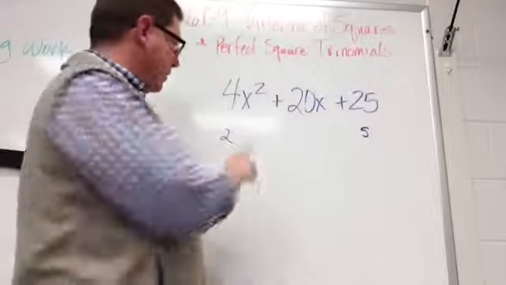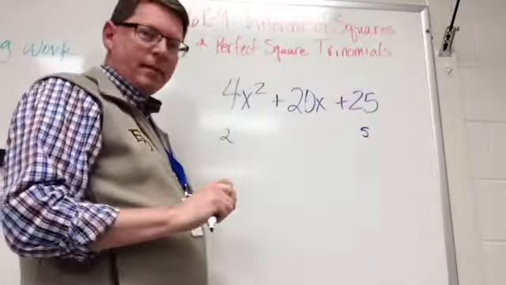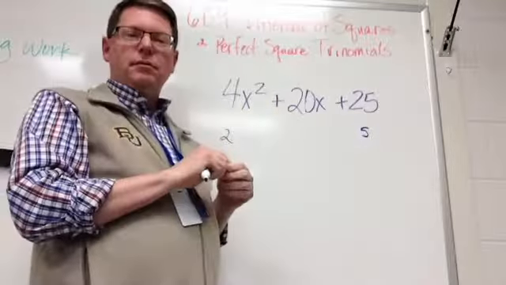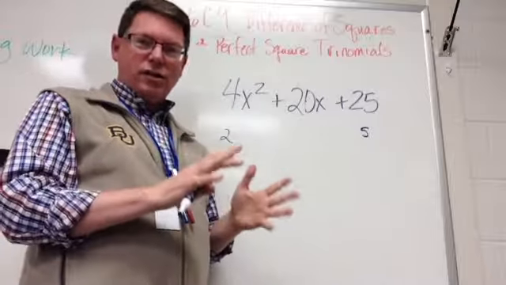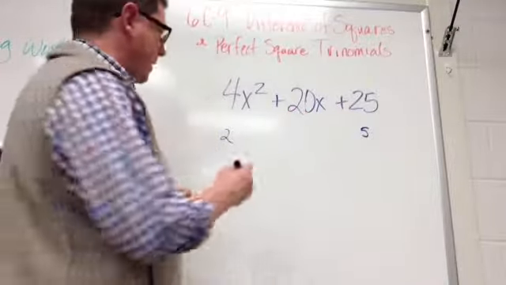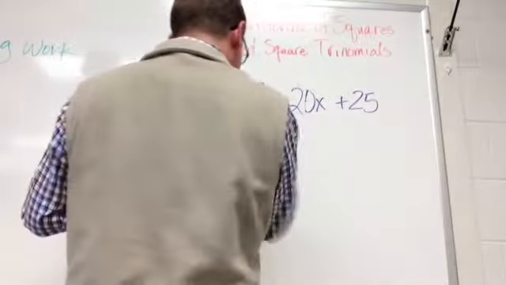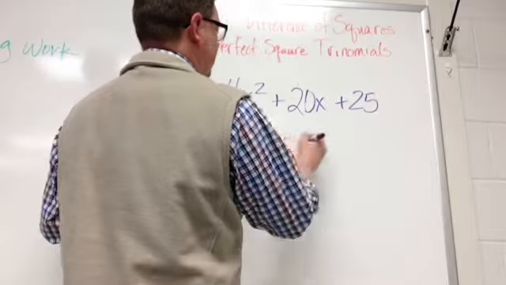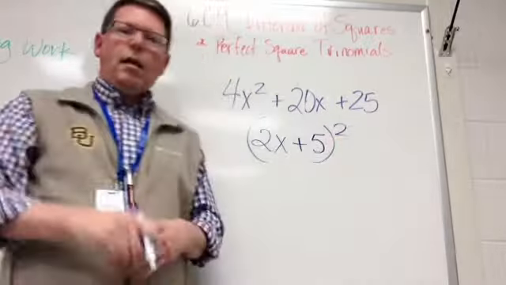I'm going to say that again. Square root of the first term times the square root of the last term, doubled, and if this is the middle term, then it is a perfect square trinomial. And so then the factors of the perfect square trinomial would be the square root of the first term plus the square root of the second term, squared.